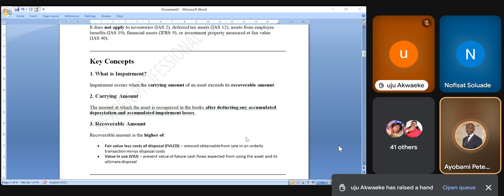I think that is just a summary of everything that we are looking at when we're talking about impairment. You see, impairment is more or less like measuring the value that has been lost off an asset over a period of time.